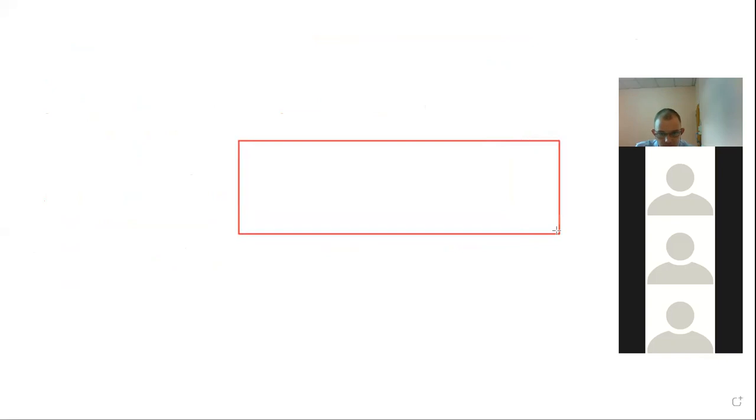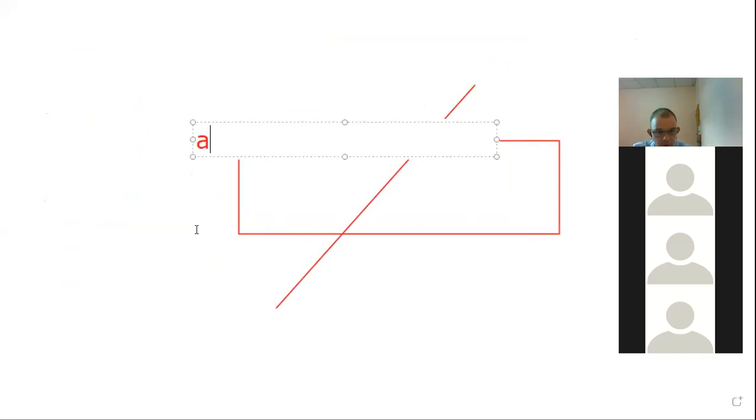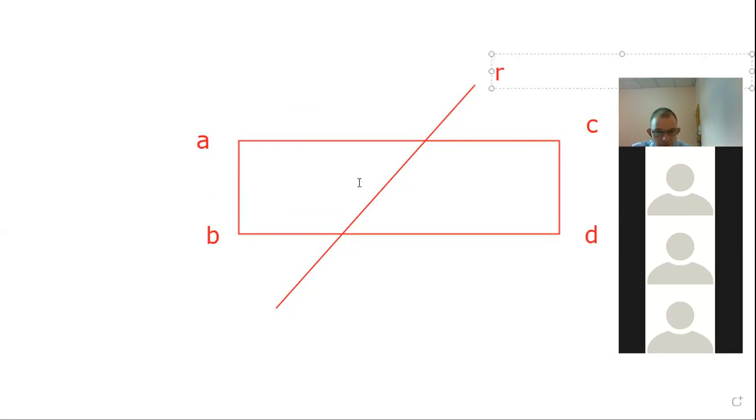So quickly, let's do it. I'll draw a square, easier. And then we have one line going through here. We have A, B, C, and D. We have R and P to change it up.